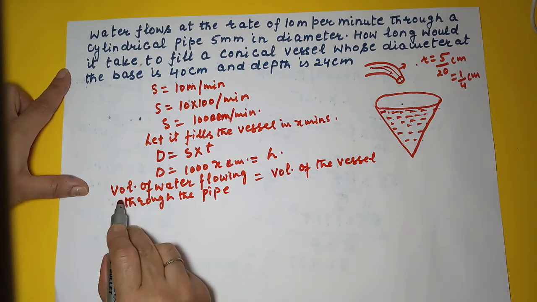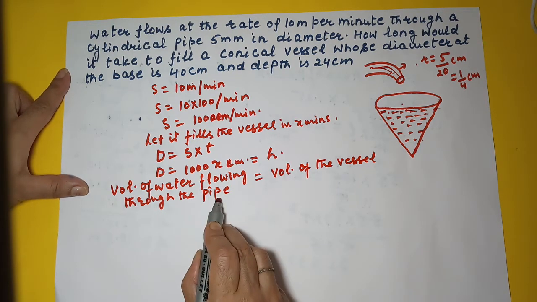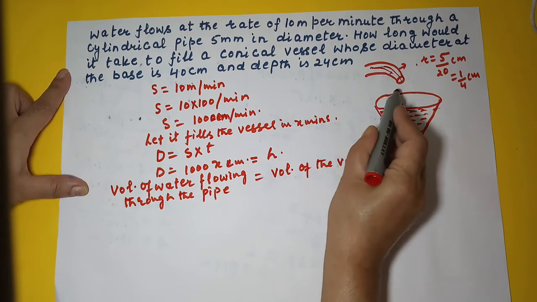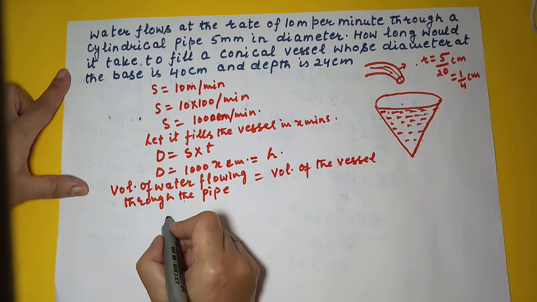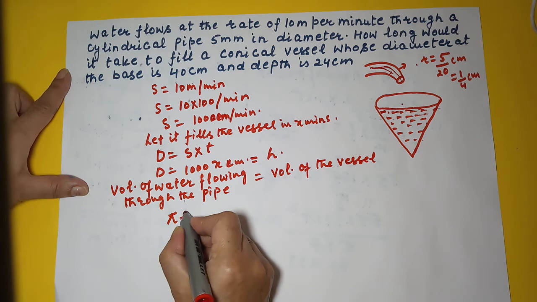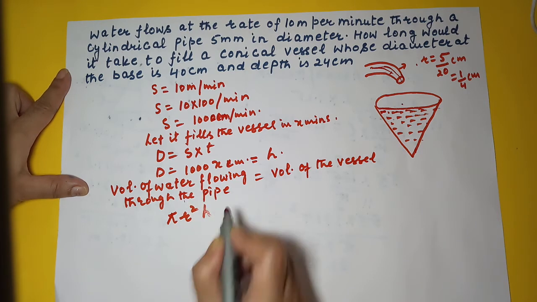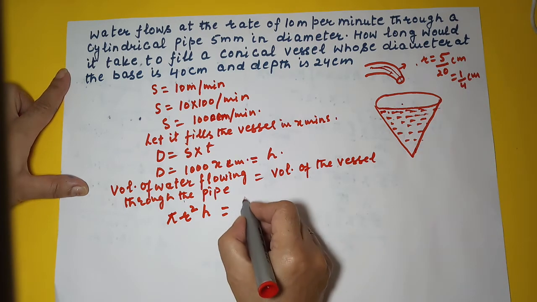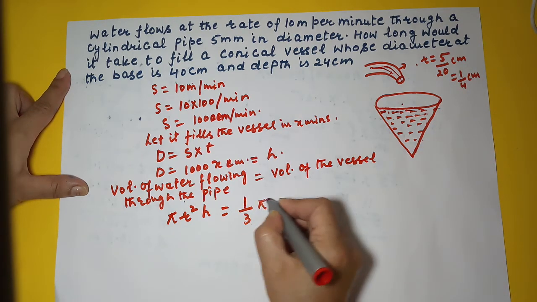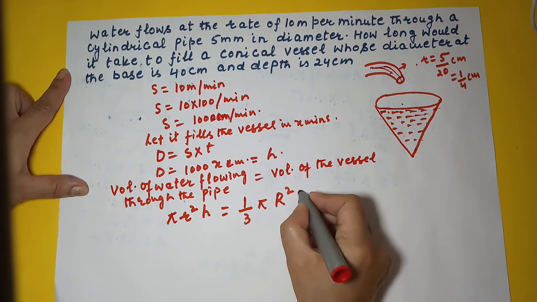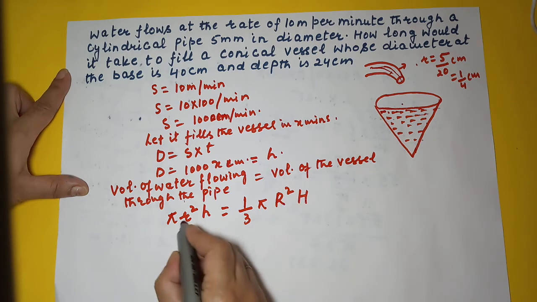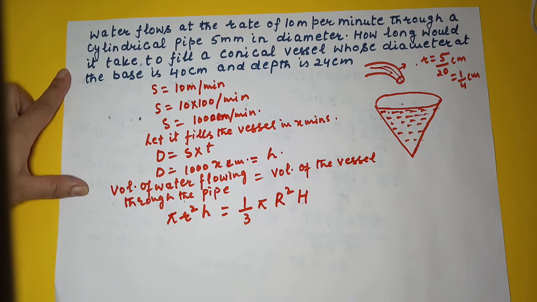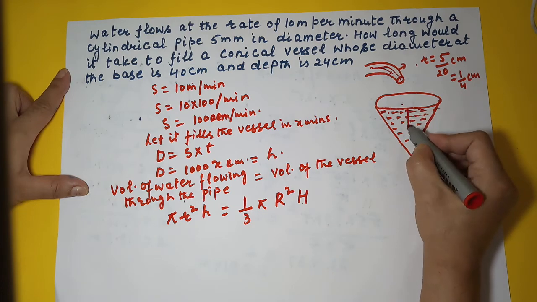Now, how do we find the volume of water flowing through the pipe? It's a cylindrical pipe, right? What is the volume of the cylinder? Pi r square h, right? And what is the volume of the vessel? It's a conical vessel. So 1 by 3 pi R square H, because r and R are different, h and H are different. So what is the height of this conical vessel?